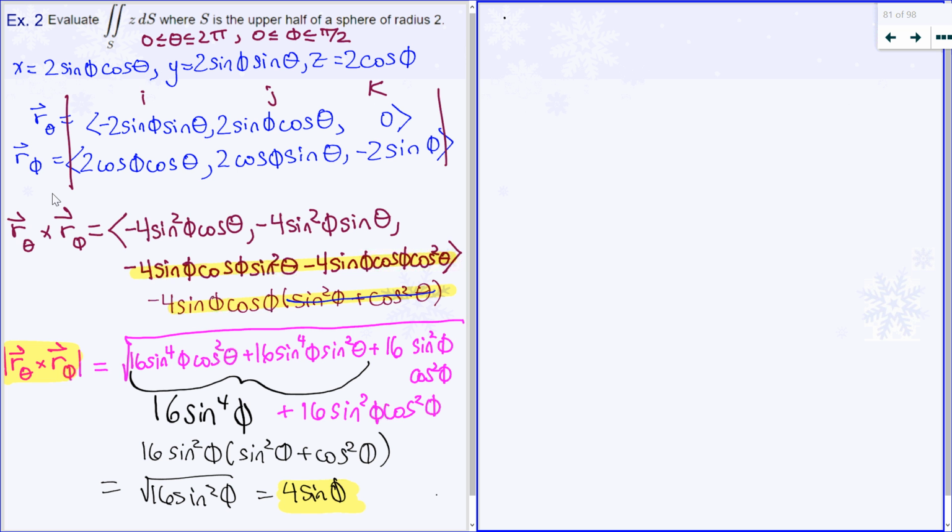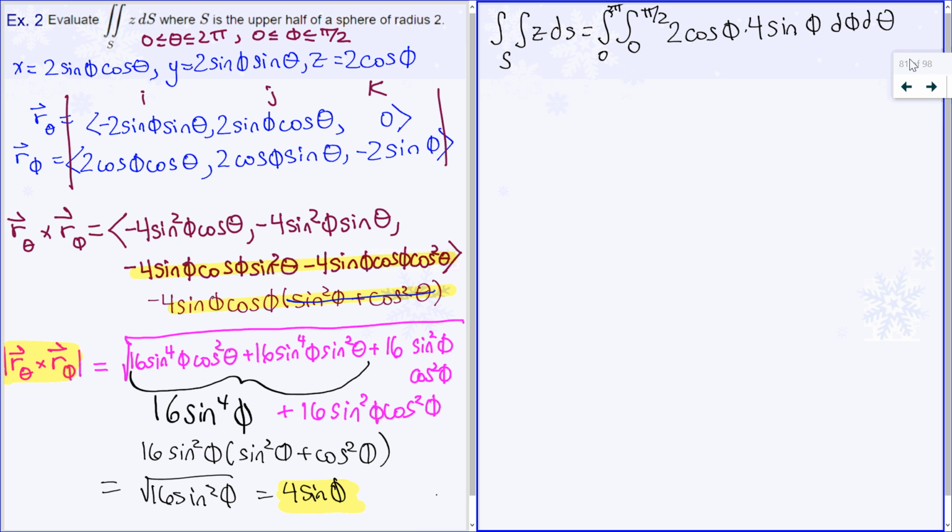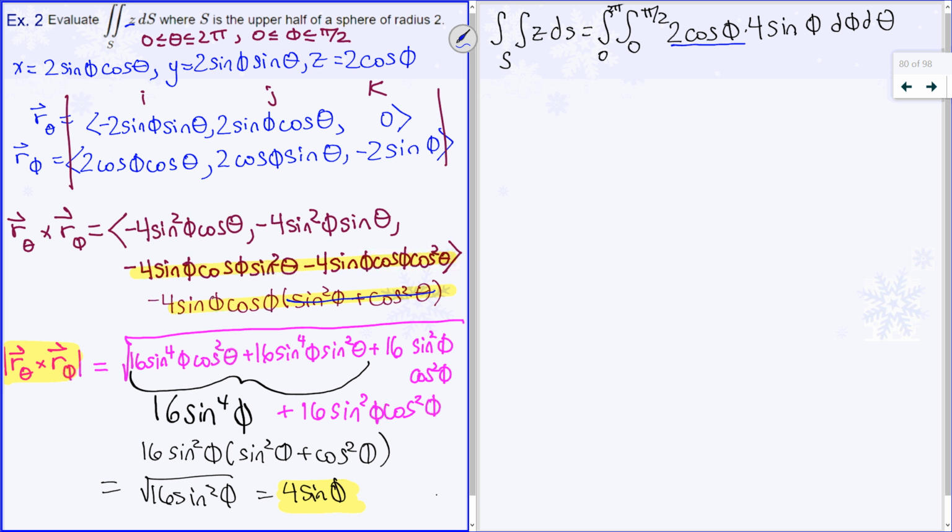All we have to do now is the surface integral. So what I did in this step is I filled in z, right there, and I filled in the magnitude of the cross product, which we found was, I'm sorry, 4 sine phi.